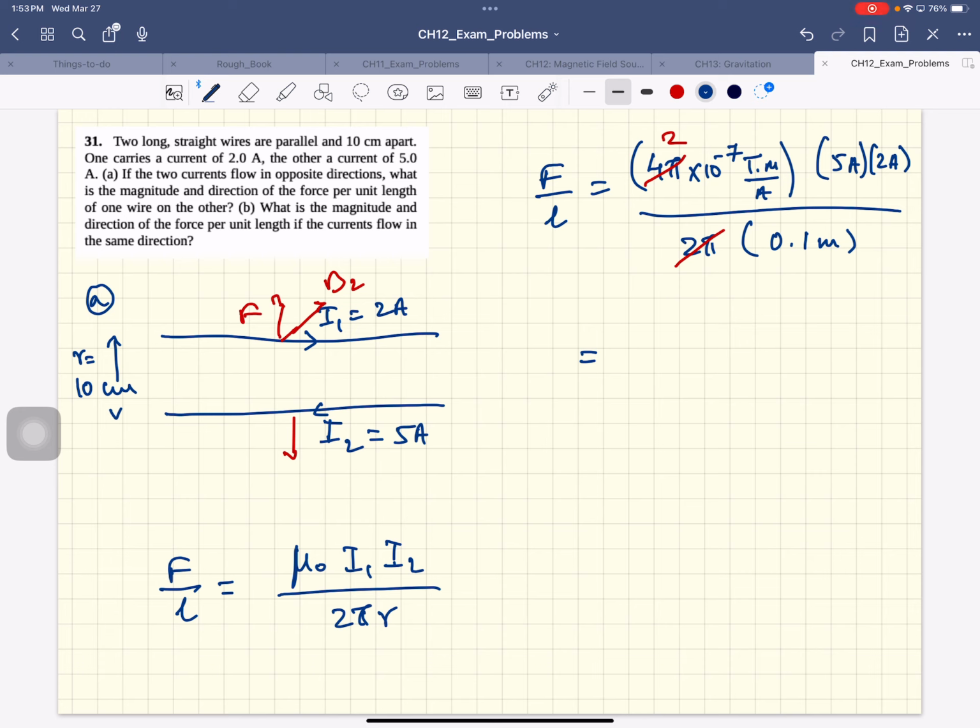Okay, so that's 0.1, we'll kill that. That's 10 to the minus 6, and that's 10 times 2, 20. So 20 times 10 to the minus 6 Tesla. Oh, no, this is a force per unit length, Newton per meter. That's what it works out to: 20 micronewton per meter.